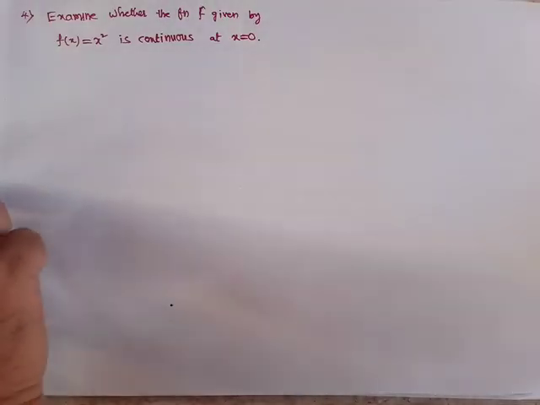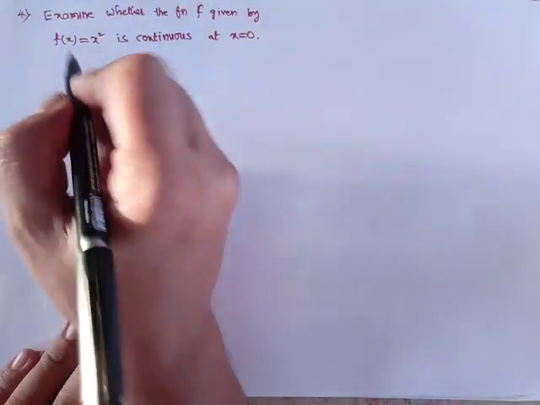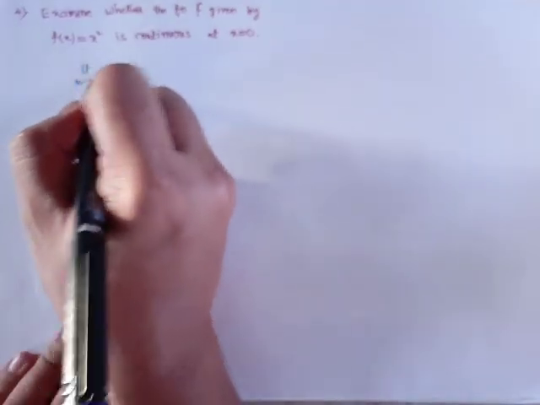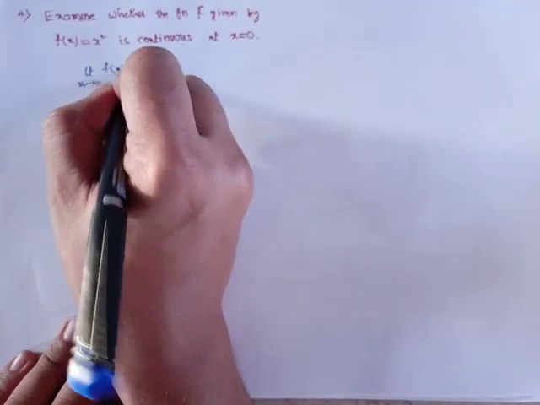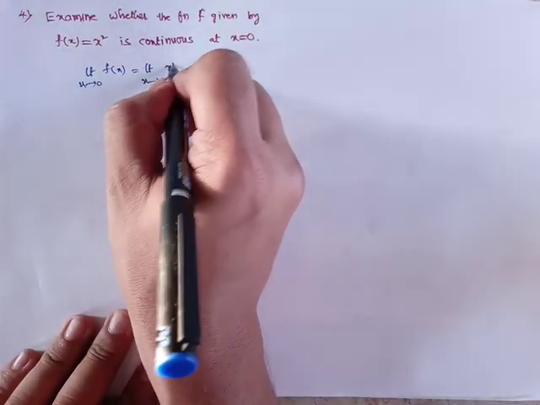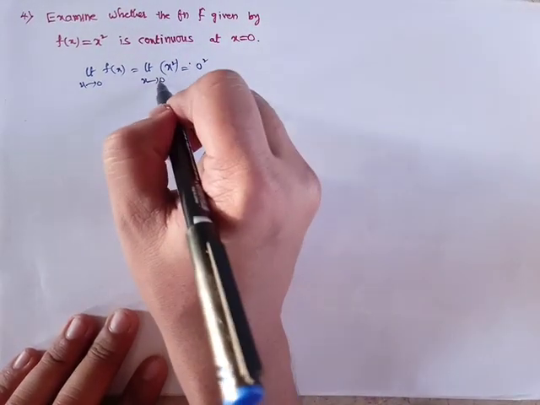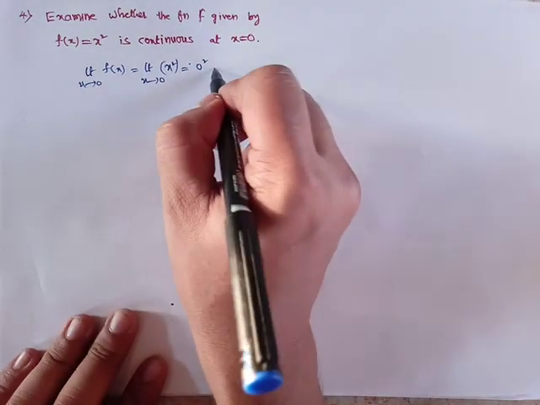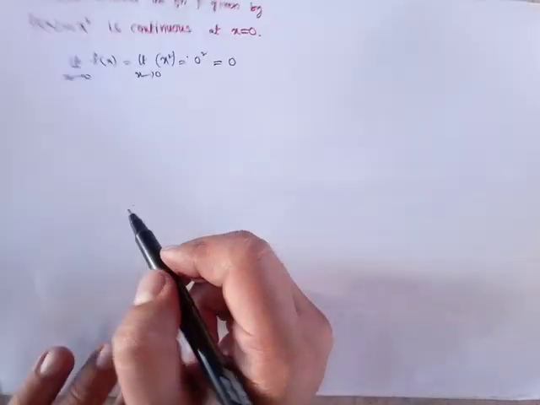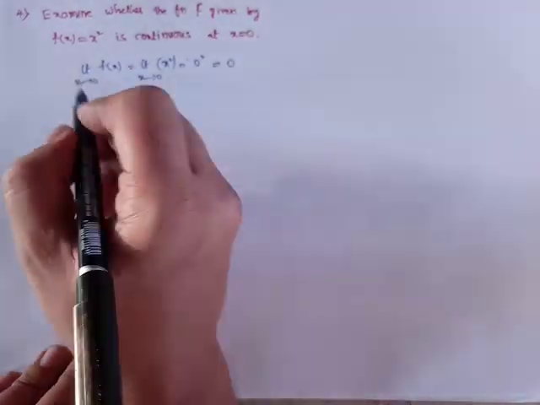Coming to the next question: examine whether the function f given by f of x equals x square is continuous at x equals 0. As we already know from the definition, the limit as x tends to 0 of f of x is nothing but x square, which is 0 square. So x equals 0 here, 0 square is nothing but 0, and the limit as x tends to 0 of f of x is 0.